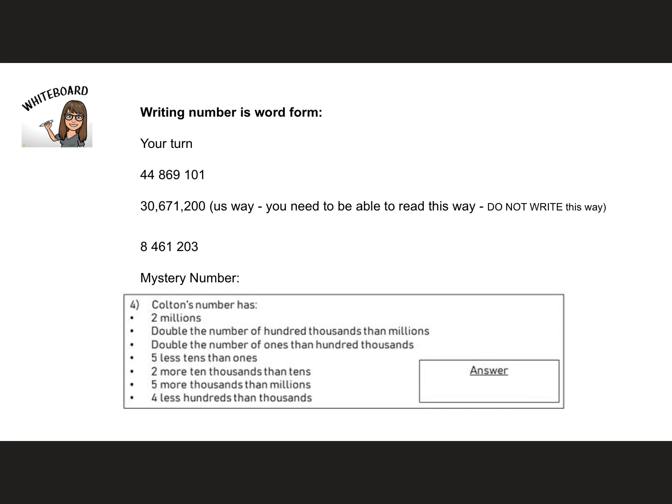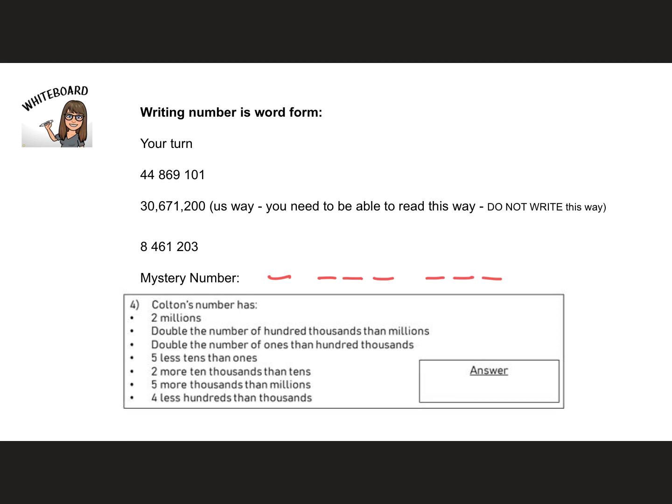So just taking a quick note, okay, we've got millions. So our number is going to go into the millions place. So I'm just going to make myself a little thing here. There's my millions. Here's my thousands period, and here's my units period. You could do this right in a place value and then have those headings to help as well.